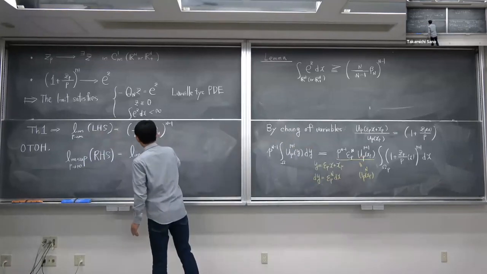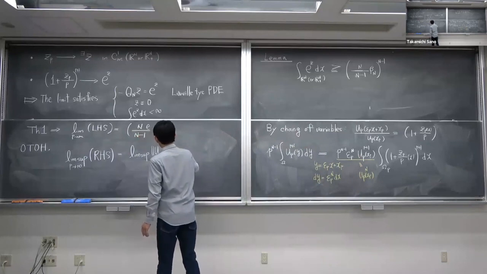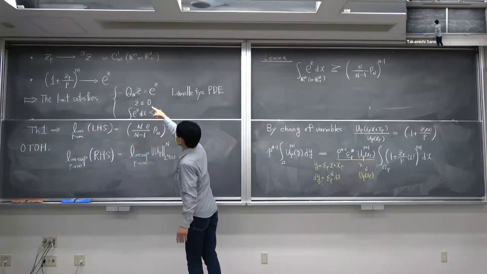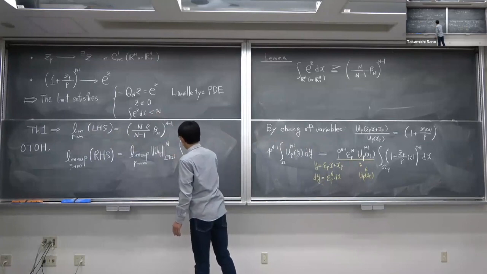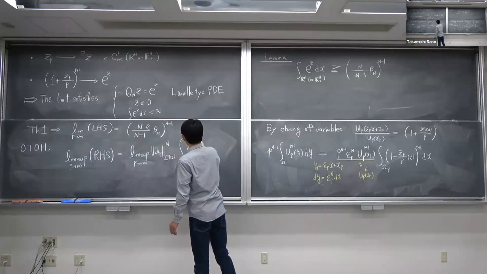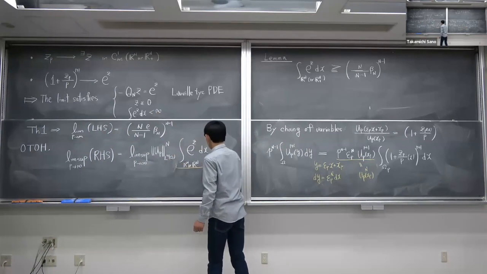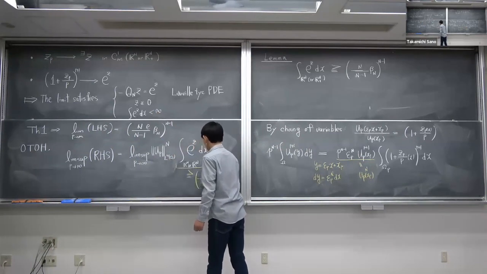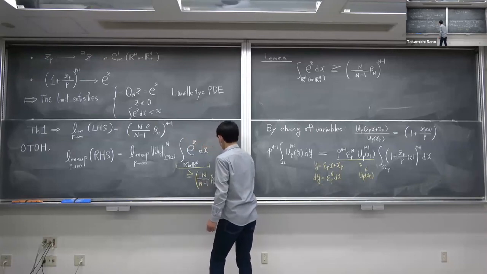Therefore, this is ||u_p||_∞^n, and by this part, and this is R^n or R^n_+, the integral of e^z dx. And by the lemma, this is bounded by n/(n-1) β_n^(n-1). So this is the lemma.